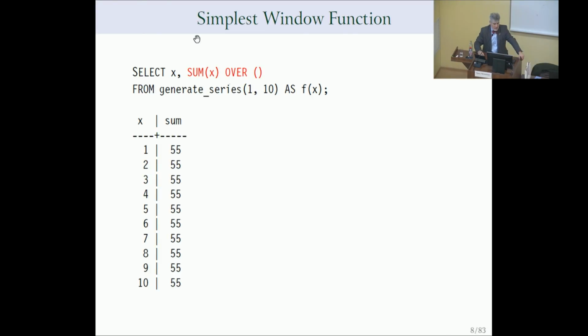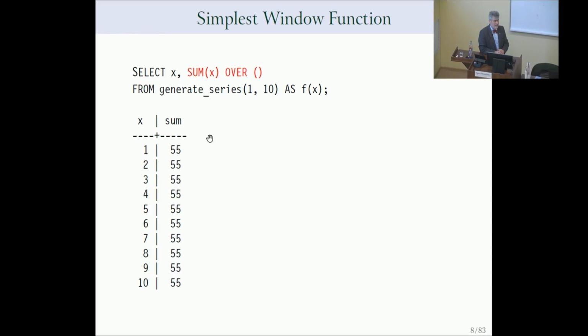So it's sum and over, and then in parentheses, we just have the empty set, like the defaults. I have to put something there, so I just put open parenthesis, close parenthesis, and that is my window function. As you can see in the output, we have the numbers from 1 to 10, and then we have the same constant for every row.